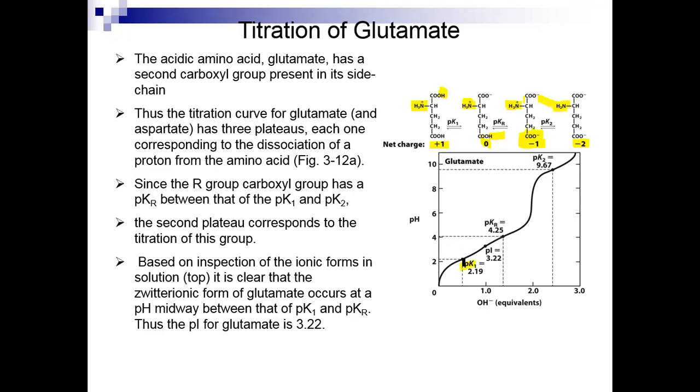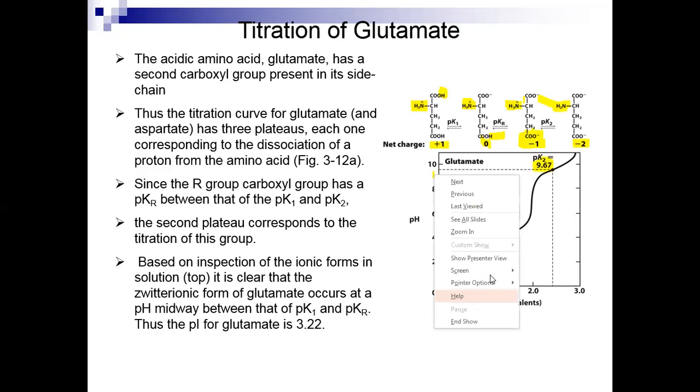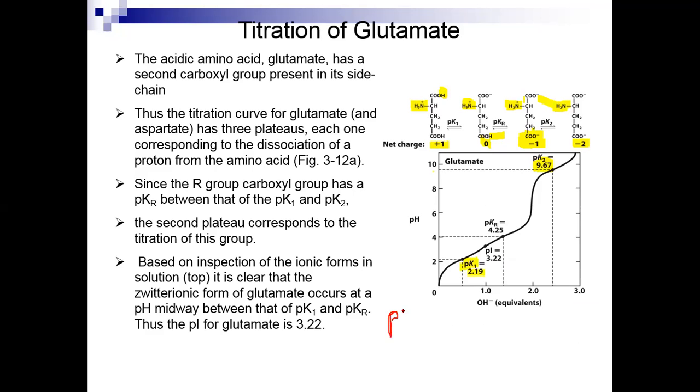We obtained the pK1 at 2.19. We are obtaining pK2 at 9.67. So the formula for pI is pKa1 plus pKa2 divided by 2.